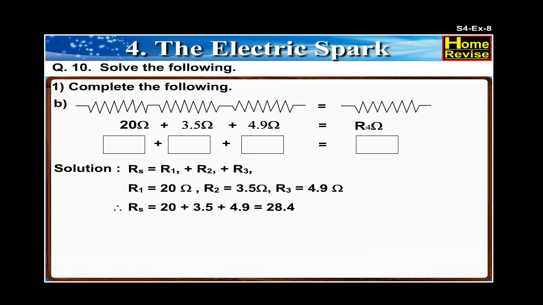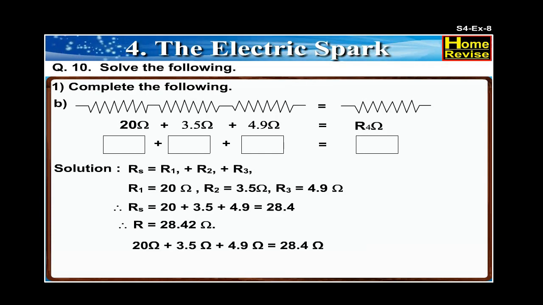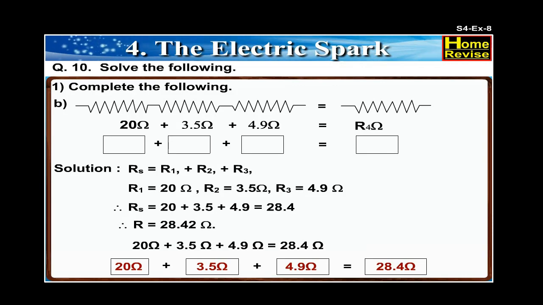Therefore, Rs is equal to 20 plus 3.5 plus 4.9 is equal to 28.4 ohms. So 20 ohms plus 3.5 ohms plus 4.9 ohms is equal to 28.4 ohms. Therefore, the answer is 28.4 ohms.